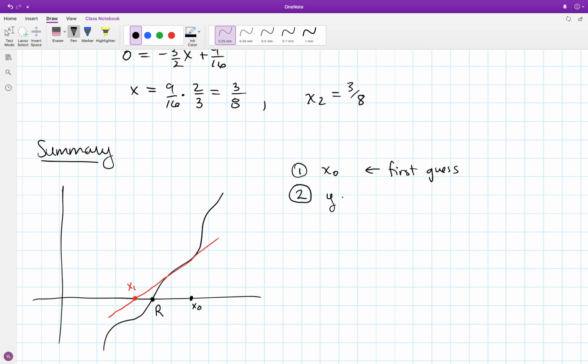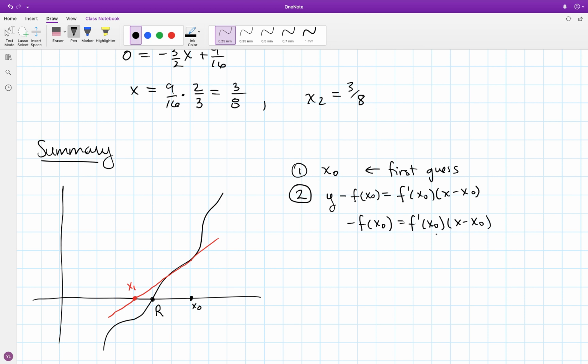The equation of the tangent line is the following at x naught, right? And where does that hit the x-axis? When y is 0, right? So setting y equal to 0 and solving for x, we get that next approximation.